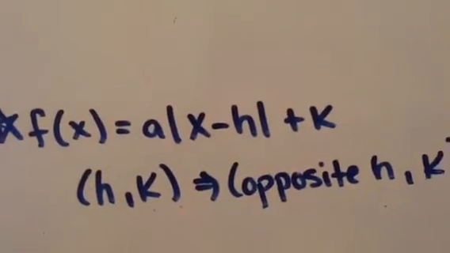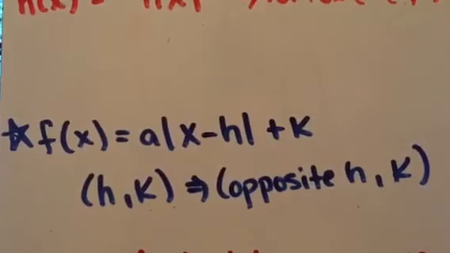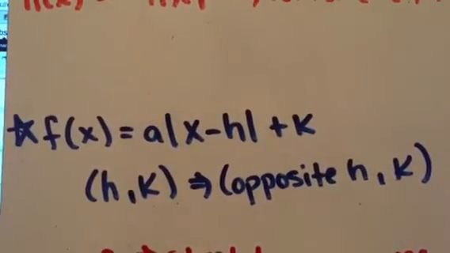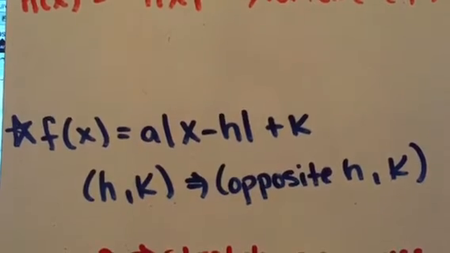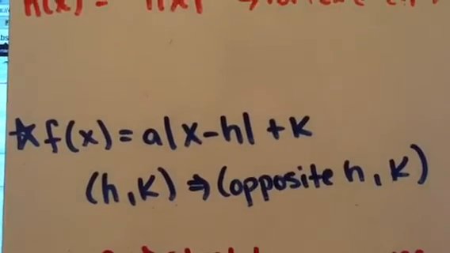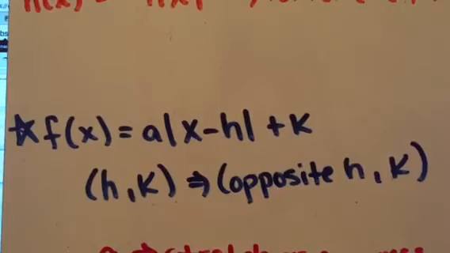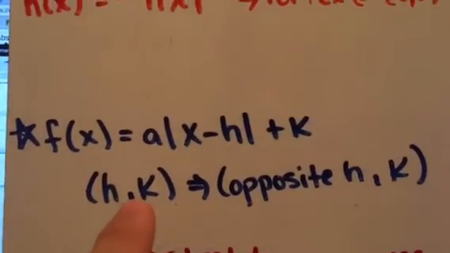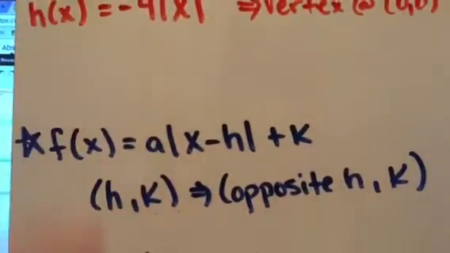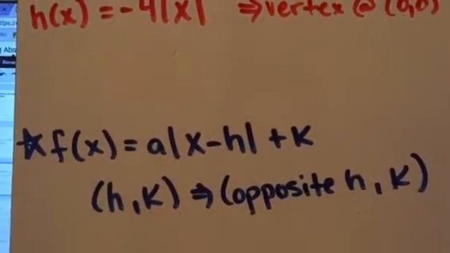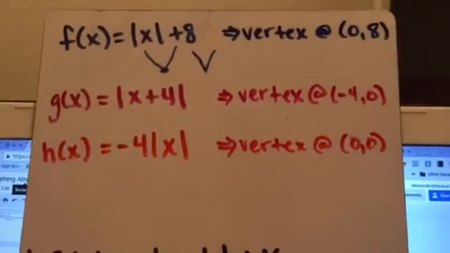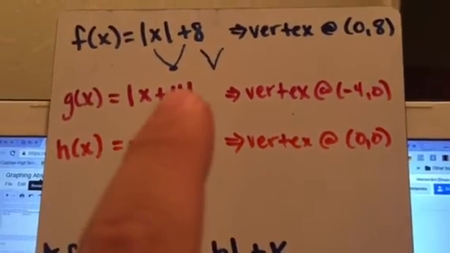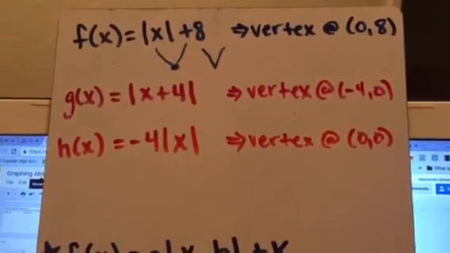We have f of x equals a times the absolute value of x minus h plus k, where h comma k is my vertex. And if you don't remember where h and k came from, the example problems were right here. H in this case would be 4, k in this case would be 8.